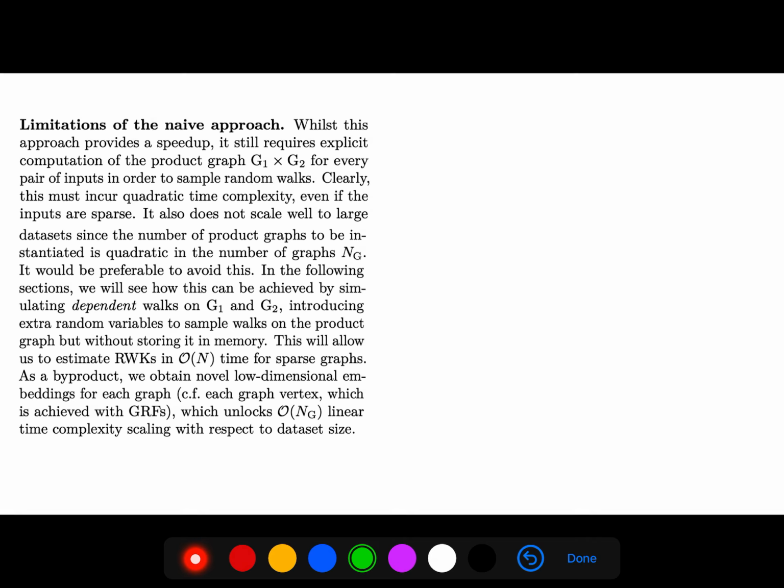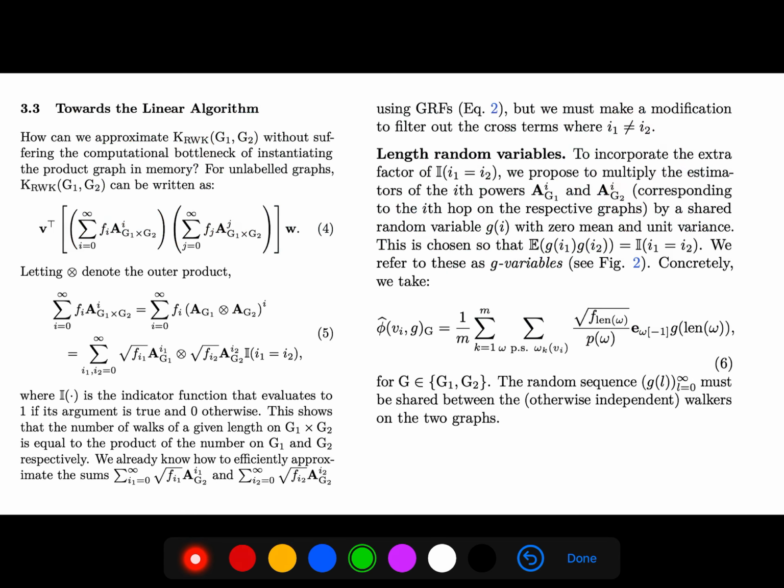For every pair of inputs, you should calculate that, which is very expensive. Even if the inputs are sparse, it has problems. And so we want to have a linear algorithm to calculate or approximate this random walk kernel between the two graphs.